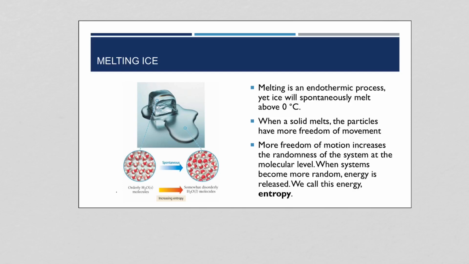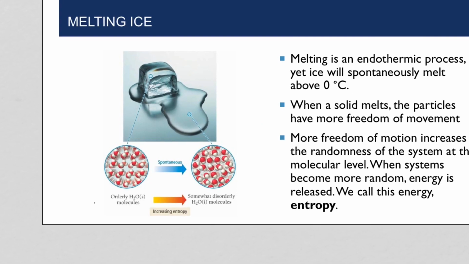So you have ice sitting above 0 degrees, it spontaneously melts, but this is an endothermic process. Now, let's look at what happens on a molecular level when this melting occurs.